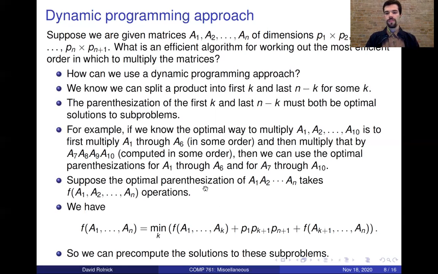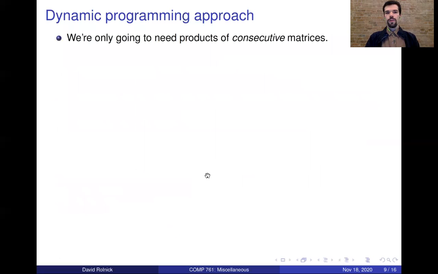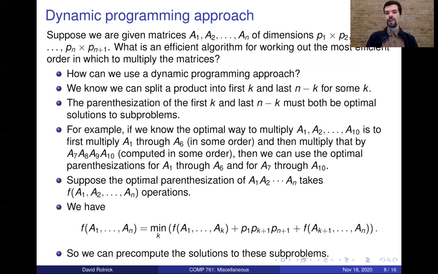OK. So we're only going to need the products of consecutive matrices. So let's go back here and look at which things we're going to have to store. I'm going to type some things in the chat. Are we going to have to compute the product A1, A2, A3?